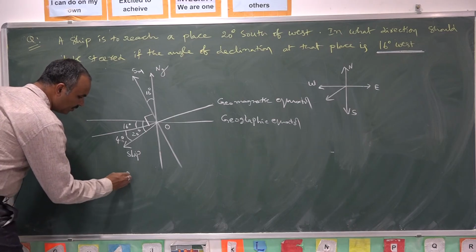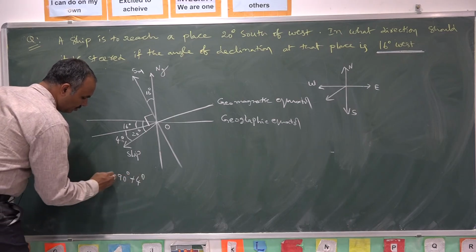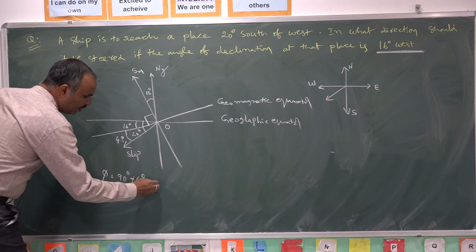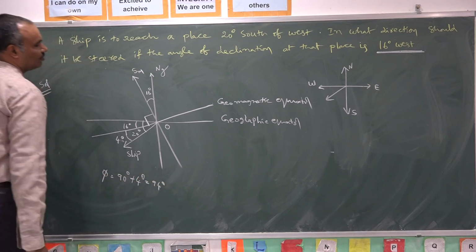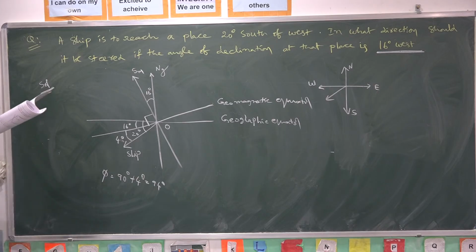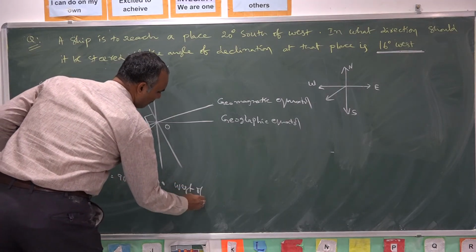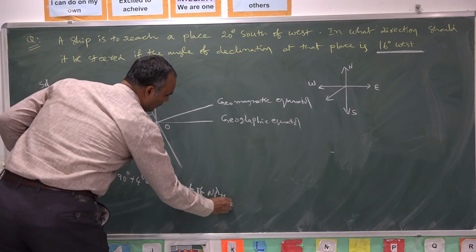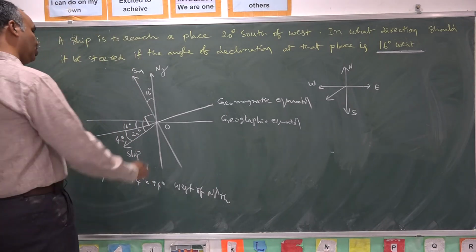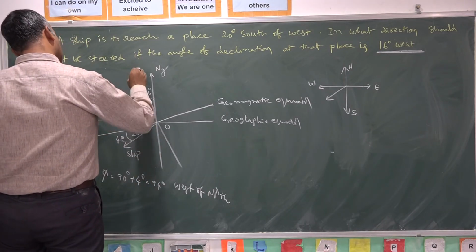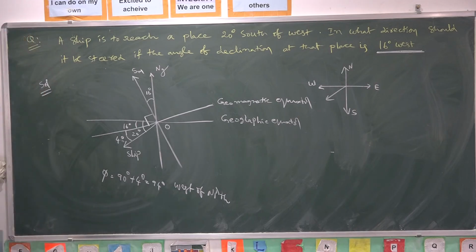That is 94 degrees west of north. Like this, west of north. We should measure the angle from the geomagnetic axis because the compass needle will be in the geomagnetic axis direction.